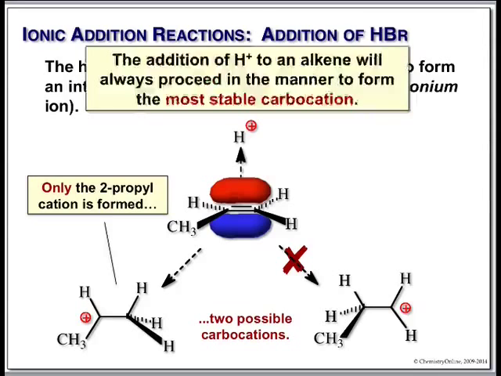What we're talking about here is the difference in inherent stability of the ions. A secondary carbocation, we'll see in a minute, is more stable than a primary. So the proton is going to slide to form the most stable intermediate. So when you do a simple ionic addition to an alkene like this, you are always going to do so to form the most stable intermediate.